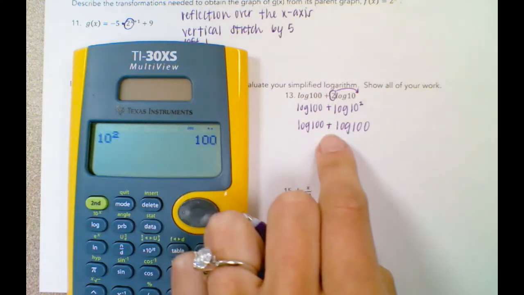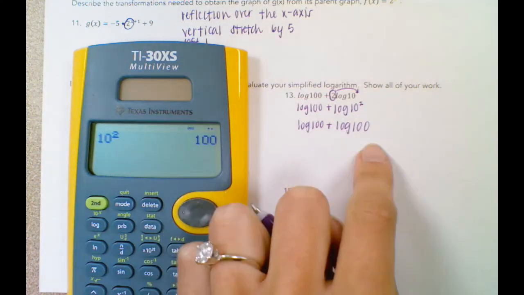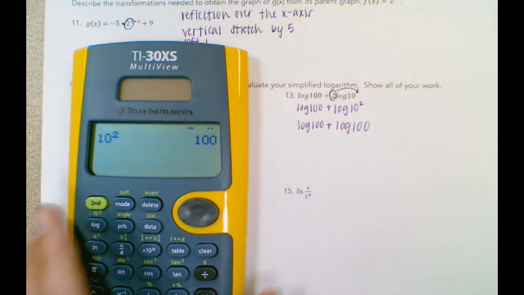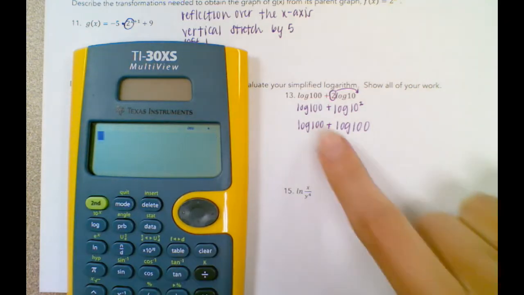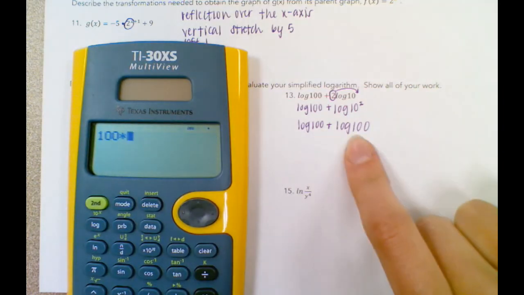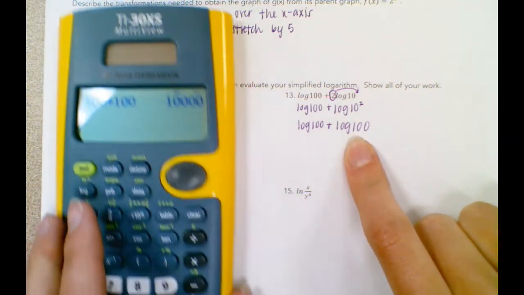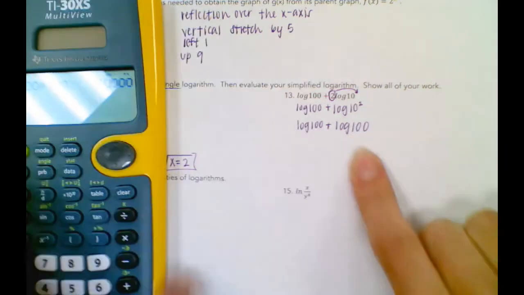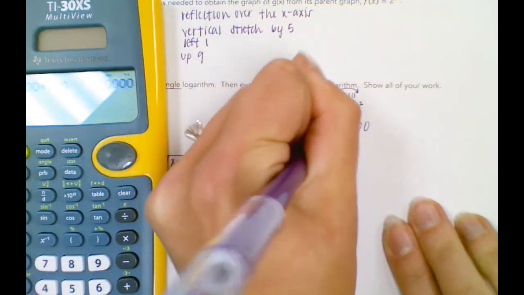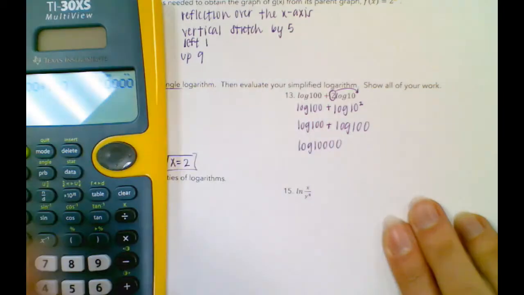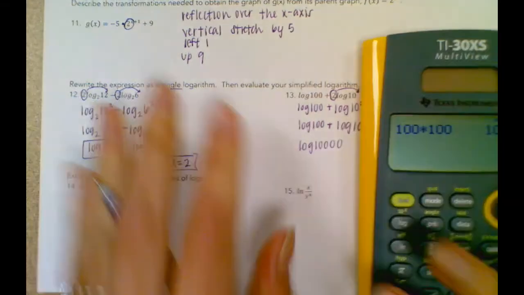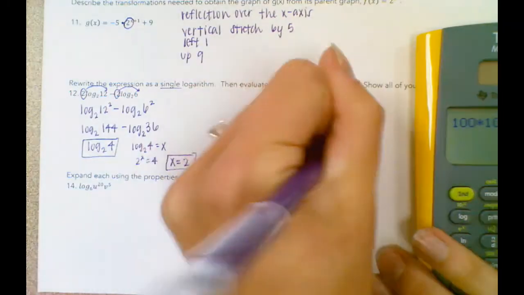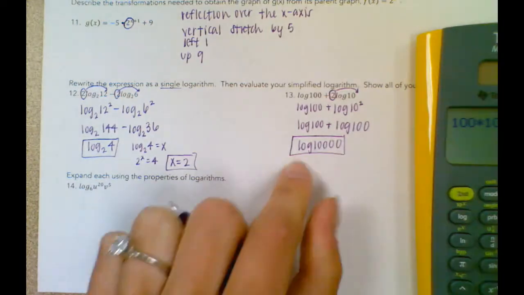All right, and then now whenever you're adding logs, the insides, remember you're going to multiply them. So really we're just going to do 100 times 100. Okay, and you're going to get 10,000. All right, and that's the single log that we have. We see the word log written one time, so we know we're there.